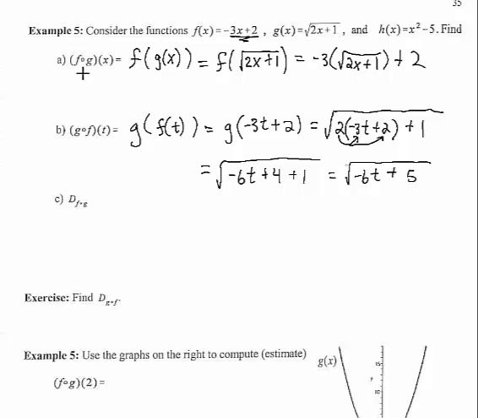We've already calculated the composition of f and g. It's up here at the top. But now we want to talk about what is the domain of that. So I'll simply just write the composition here, without the parentheses.